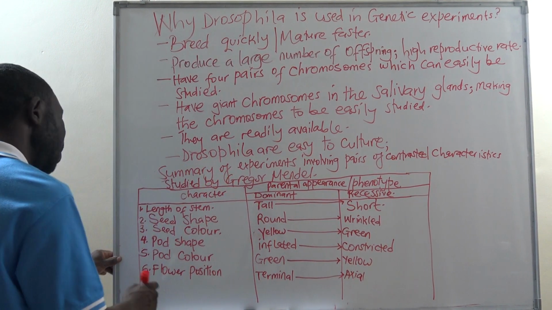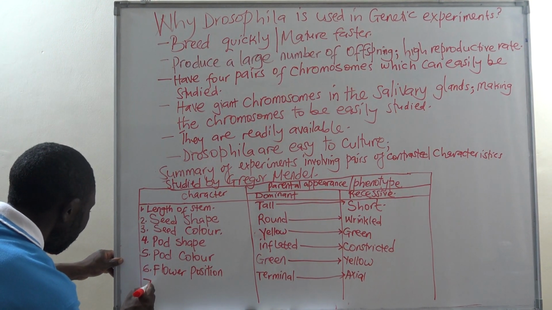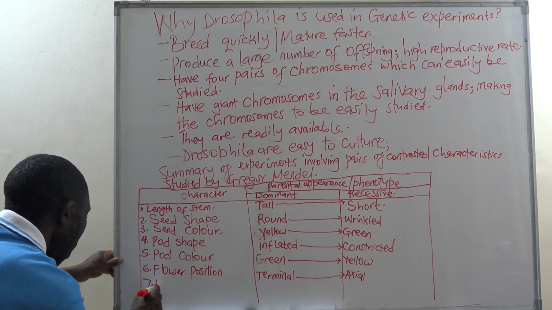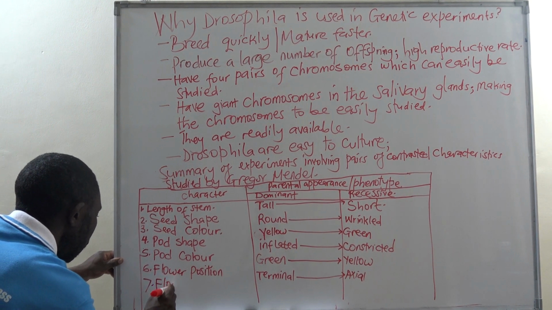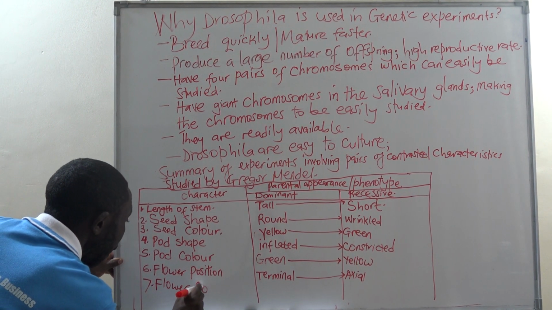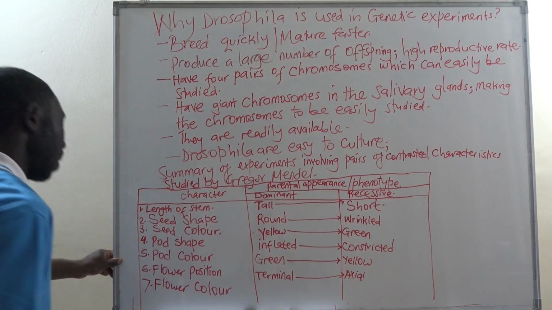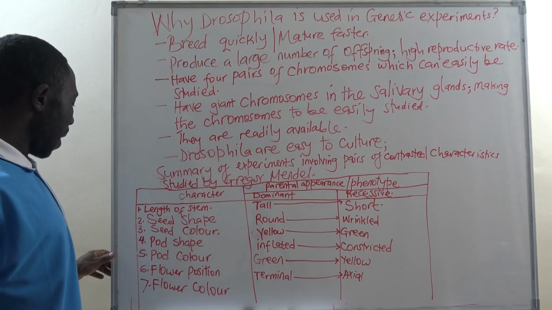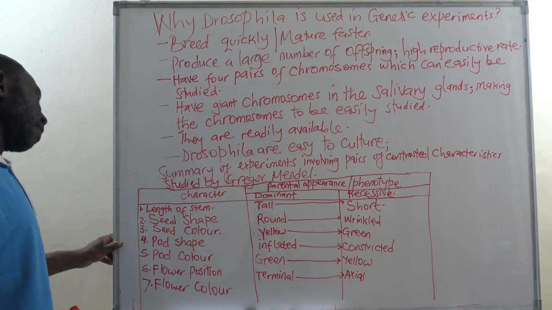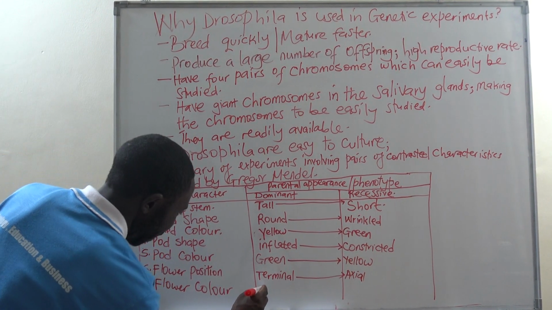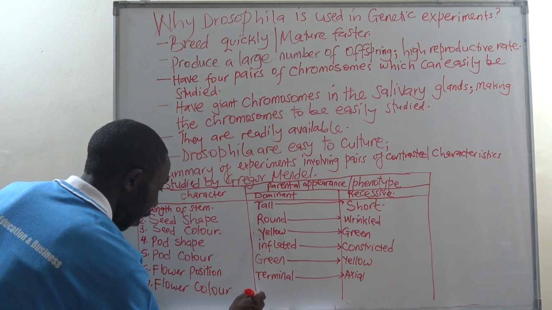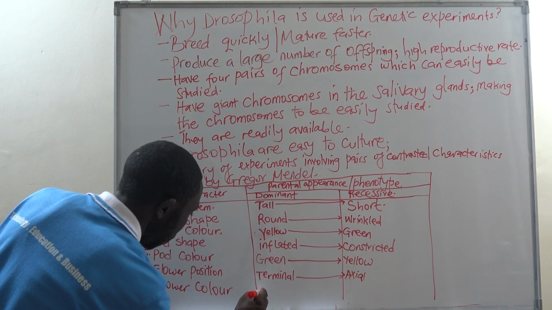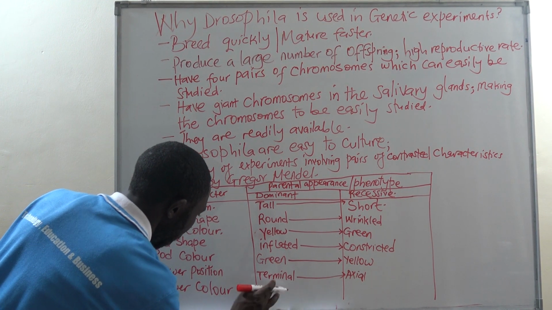Then the 7th character is flower color. The color of the flowers which were studied here are 2. Some of them were white. White, I mean red.